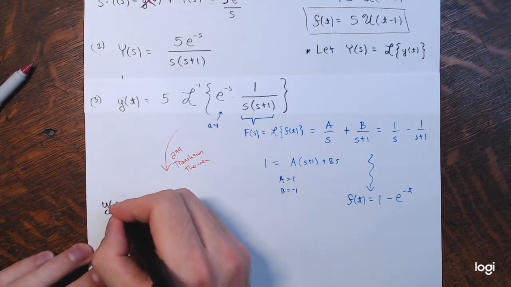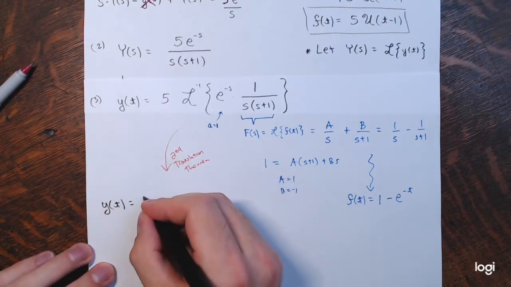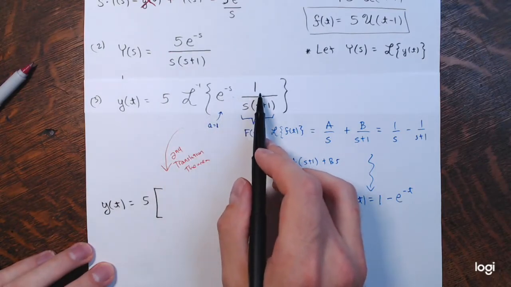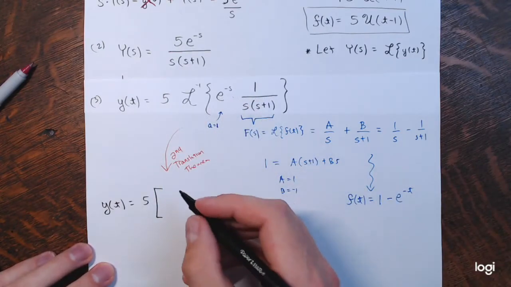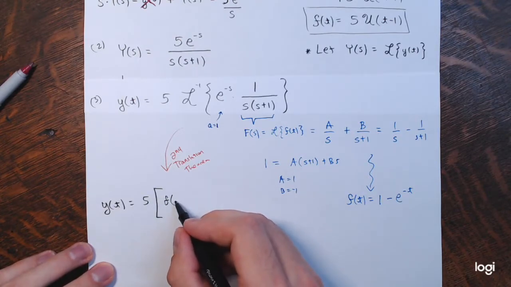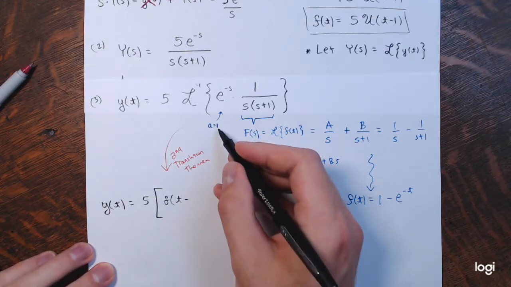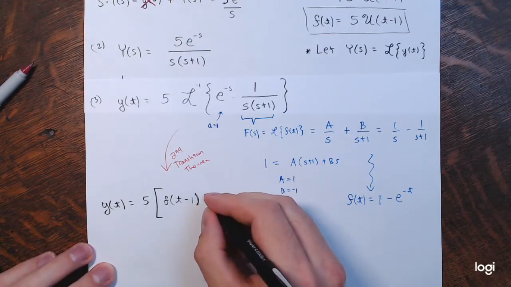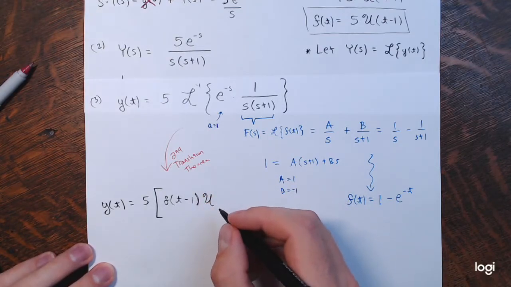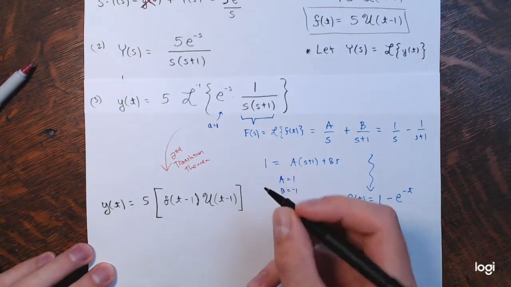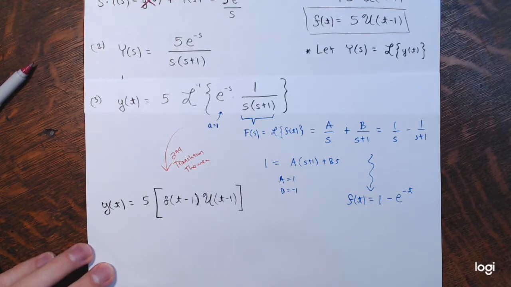Y of t would be equal to 5 times, and then this inverse Laplace transform of e to the negative s times all this is f of t minus a, so t minus 1, times the unit step function at t minus 1, by the second translation theorem.